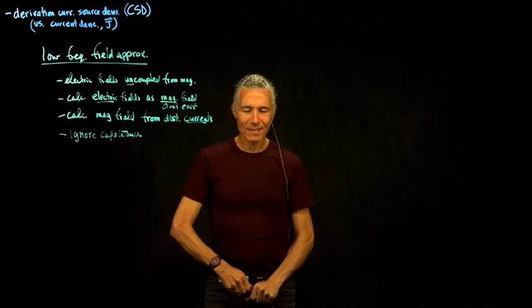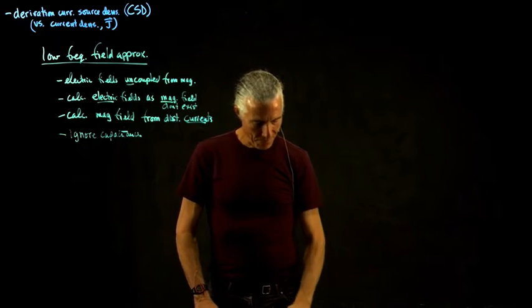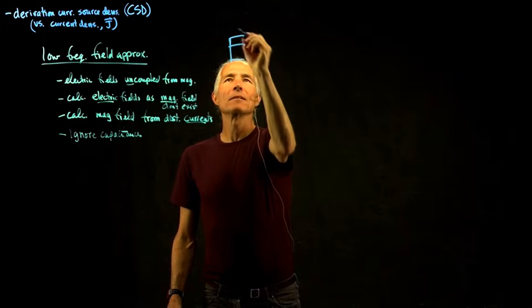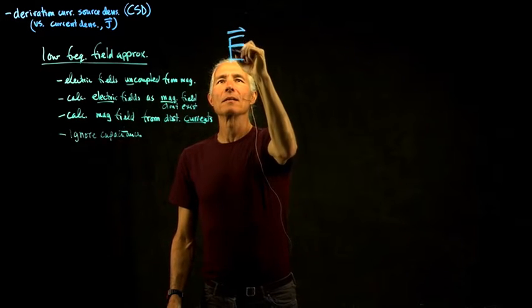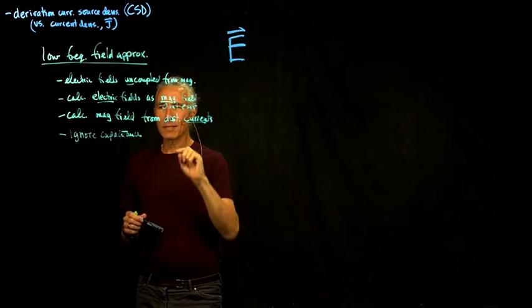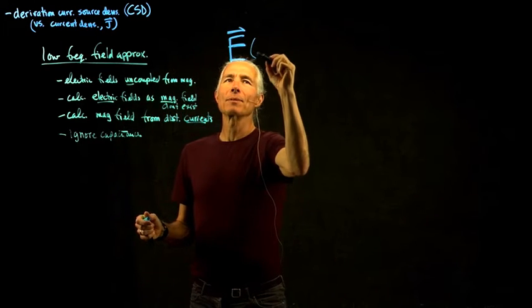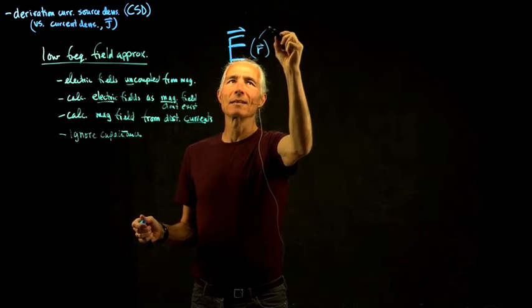So how do we calculate the electric field? Here's the electric field. The electric field is a vector, and in all of these equations, we're assuming that this is something just for a point in space. So you could think of this implicitly as you've got an r vector here, which means that's x, y, z.